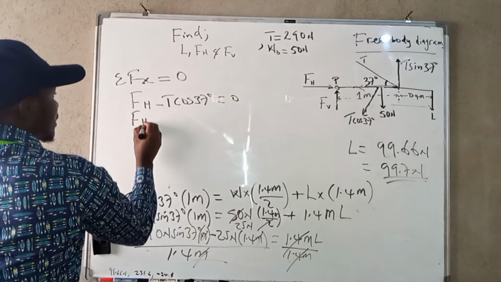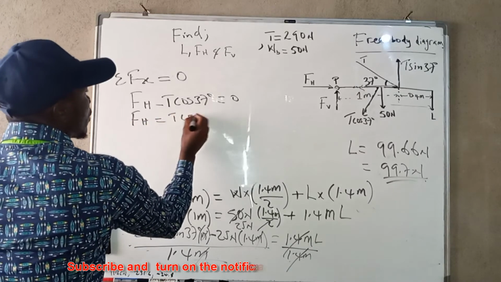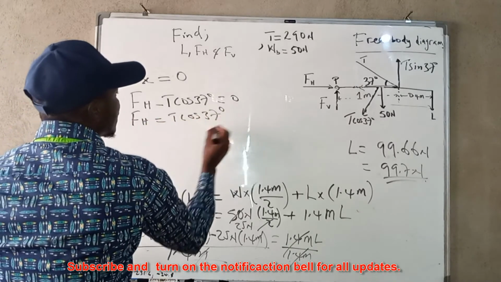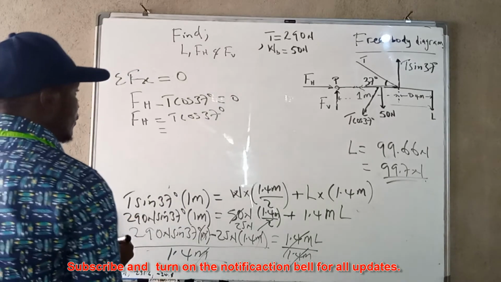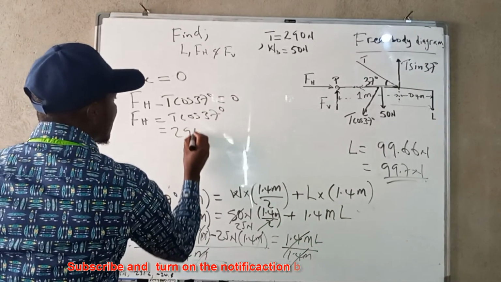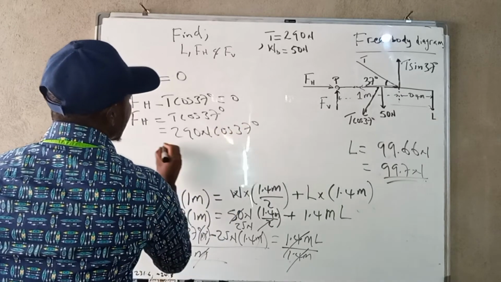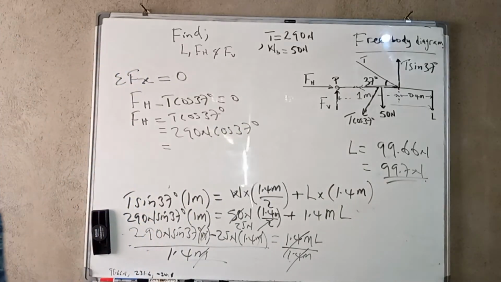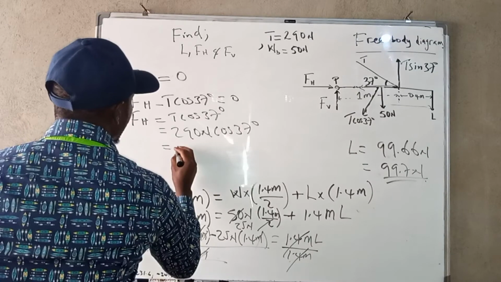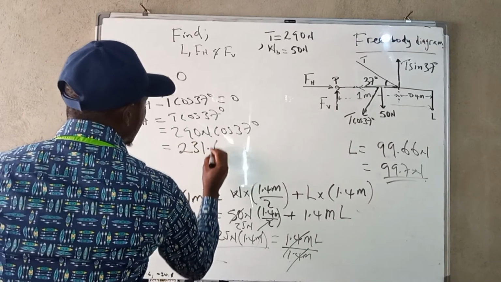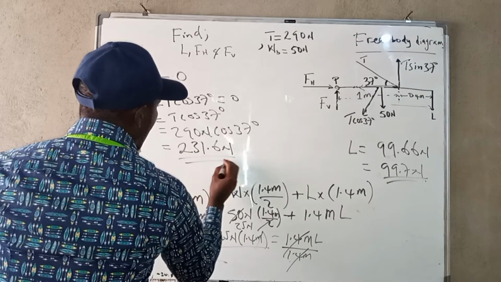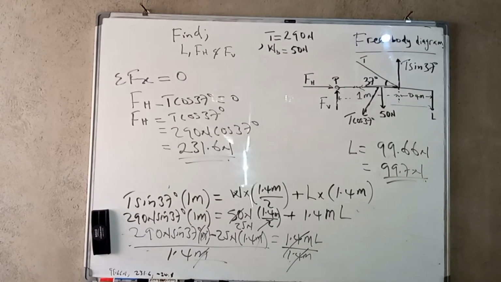Making FH the subject, we have T cos 37 degrees. Plugging in the value for T, we have 290 newtons cos 37 degrees. Punching this on a calculator, we're going to have 231.6 newtons as the horizontal force.